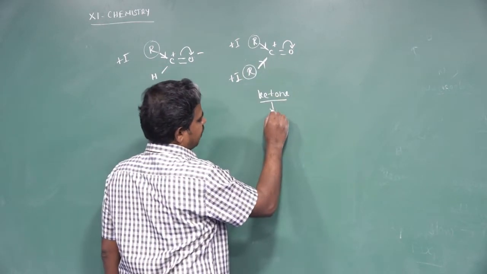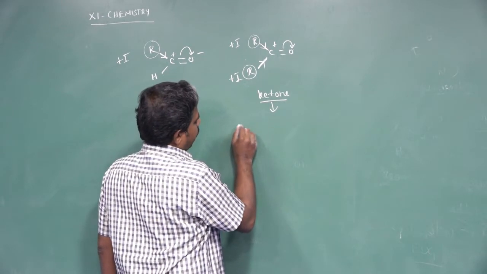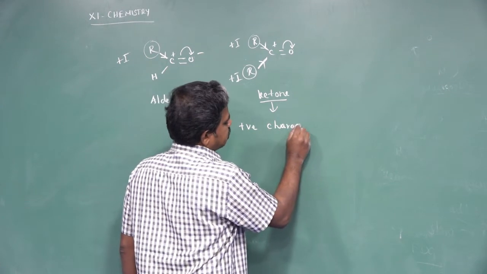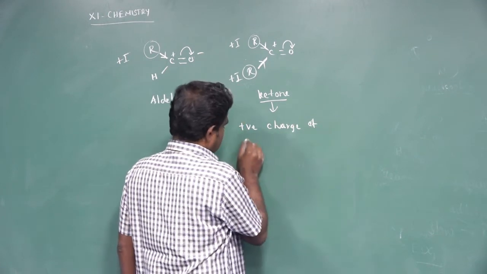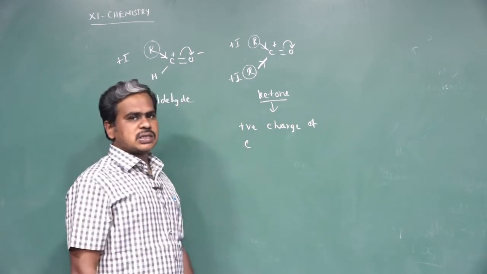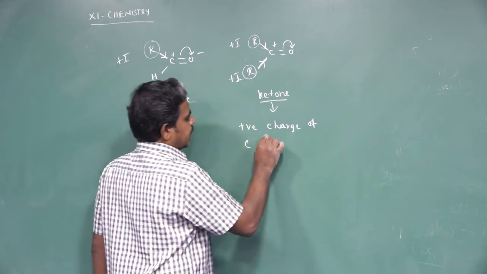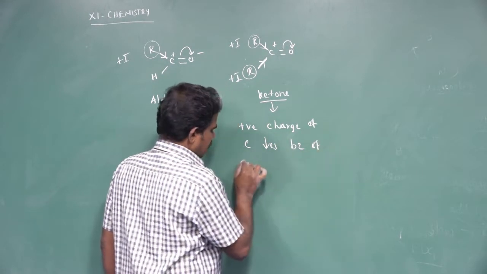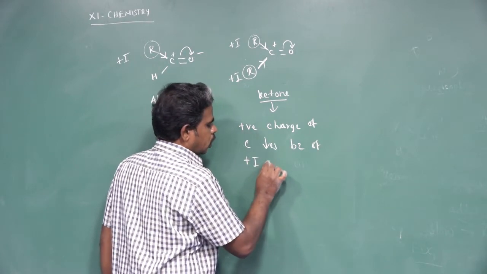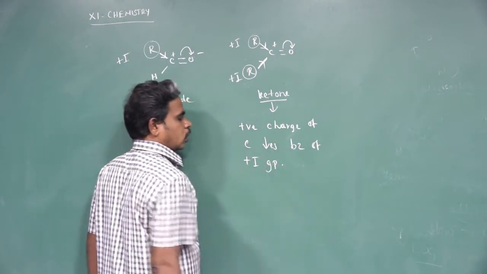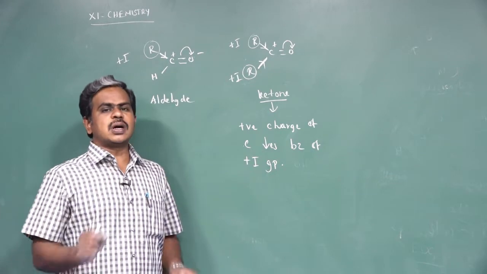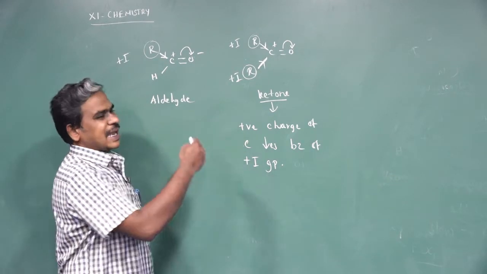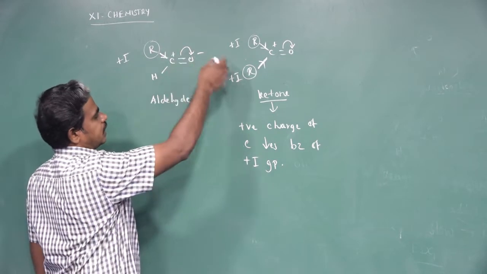So in the case of ketone, the positive charge of the carbon decreases because of the inductive groups, so that towards nucleophilic addition, the ketone is lesser than aldehyde.